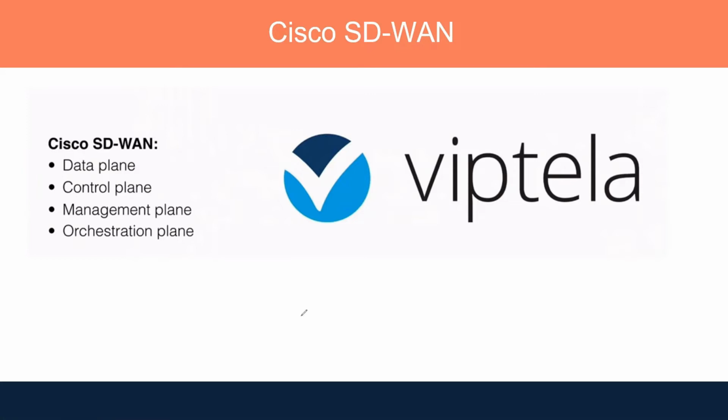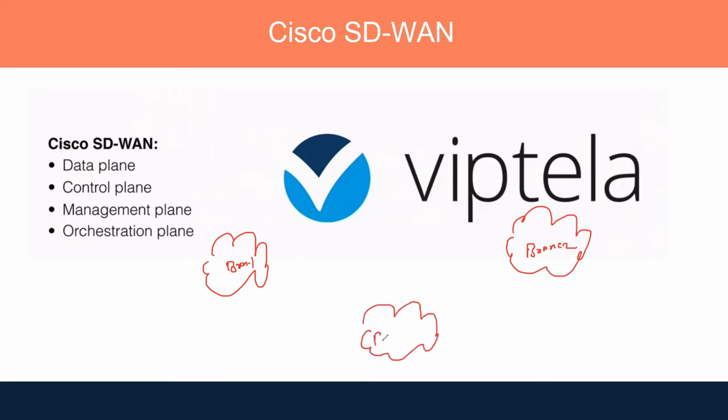Let's say you have an SD-WAN network like this. You have branch offices: this is branch 1, branch 2, branch 3. So these are communicating how?